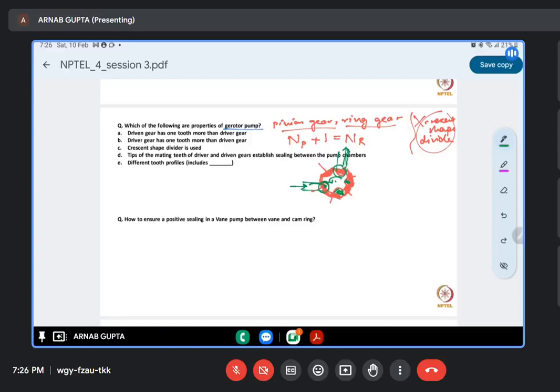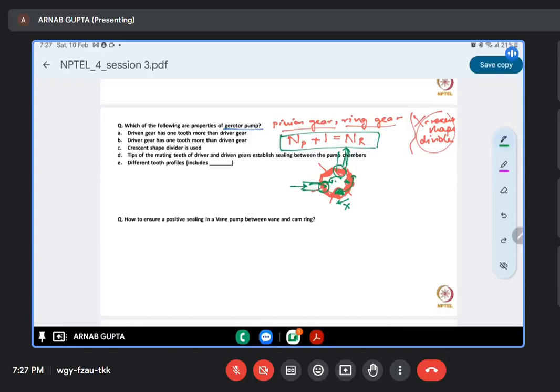Due to this very close fitting between the two gears, the liquid doesn't have sufficient gap to flow back from the high pressure region to the low pressure region. So it will be carried forward only. But in case of an internal gear motor, this particular thing may not be there, and hence the clearance is large.